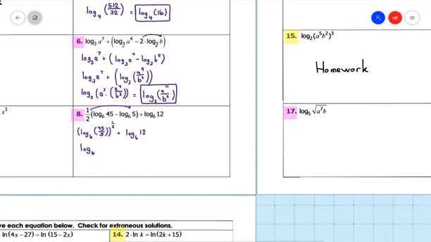The 1/2 power is the square root. Square root of 9 is 3. So this is log base 6 of 3 plus log base 6 of 12. And then we will condense one step further by multiplying. 3 times 12, which is 36. So log base 6 of 36.